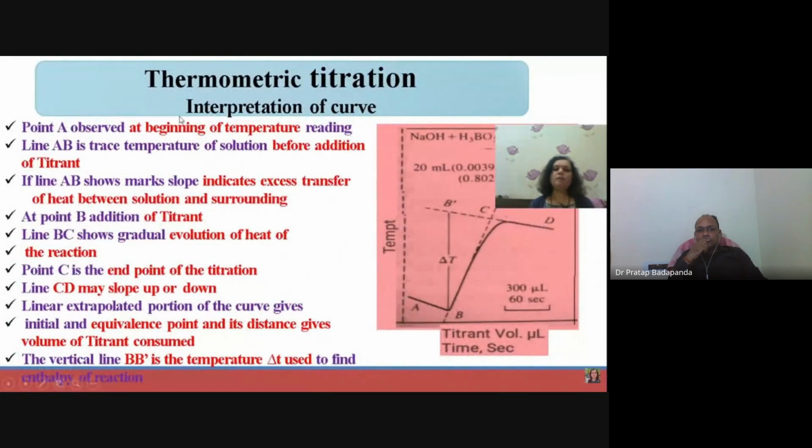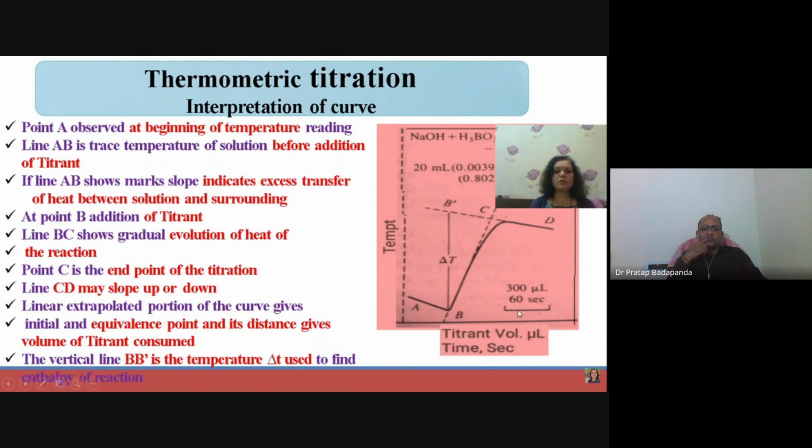Now, when I want to interpret the titration curves, sometimes I may get a titration curve of a different nature. Now, how is it possible for me to interpret this particular curve obtained after titrating boric acid with a strong base like NaOH? What is happening?